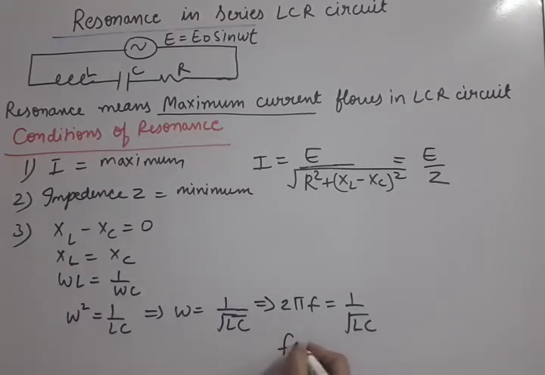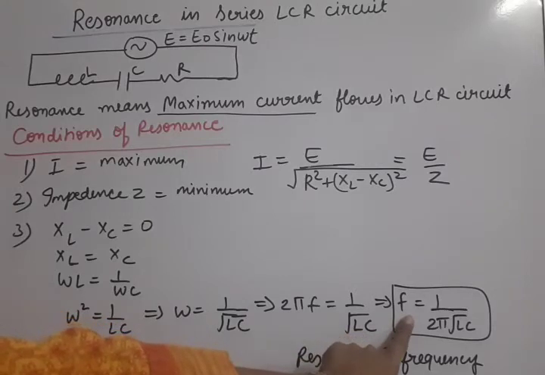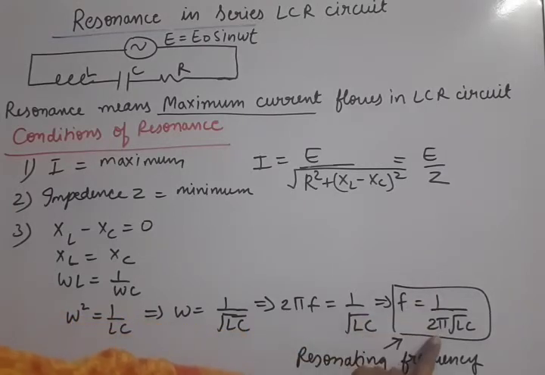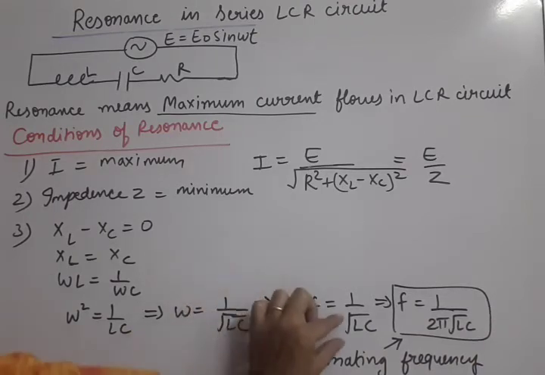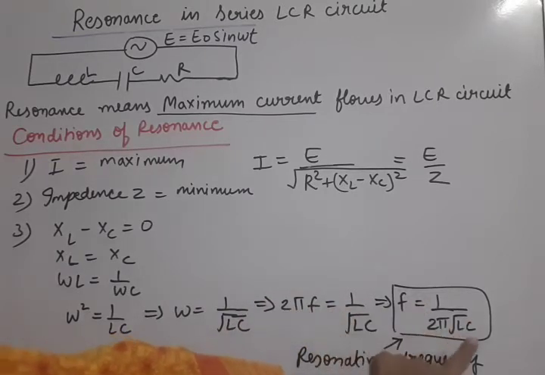It will be 1 upon 2 pi root LC. You can see f remains here and the 2 pi term is to be brought down. So the formula of frequency is 1 upon 2 pi root LC.